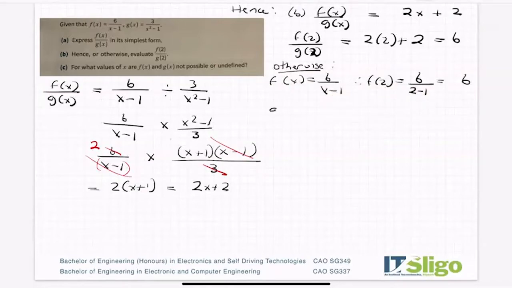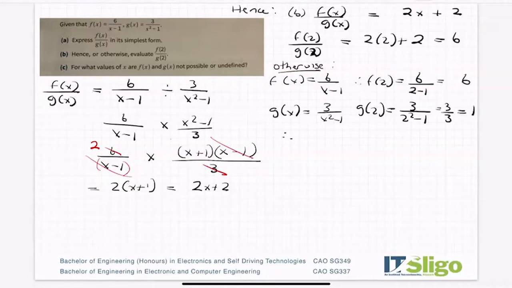And in the same way, g of x being 3 over x squared minus 1, g of 2 would be replace the x with 2, and you get 2 squared minus 1, so you're getting 3 over 3, which is 1.